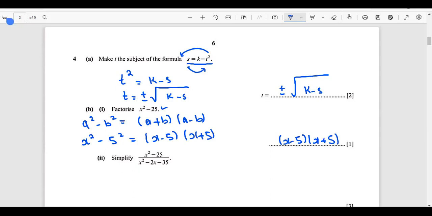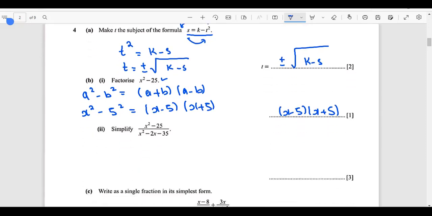All right. Let's talk about the second part. It says simplify x squared minus 25 divided by x squared minus 2x minus 35. For the numerator, we have already simplified it in the previous part, so I'll write it down directly: x minus 5 into x plus 5.